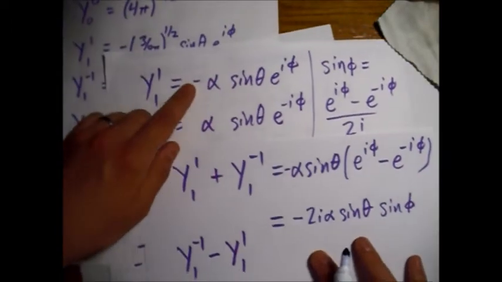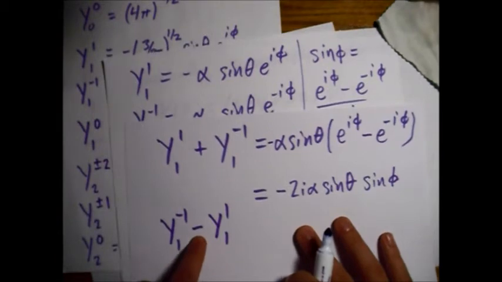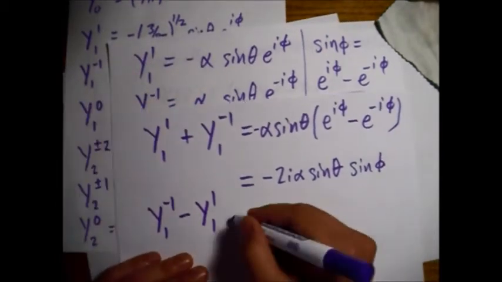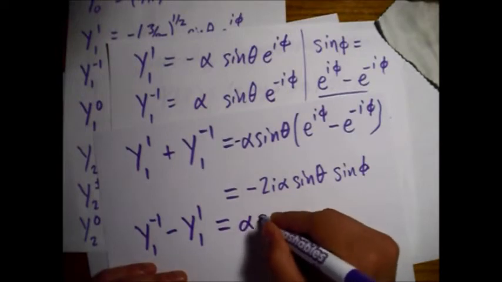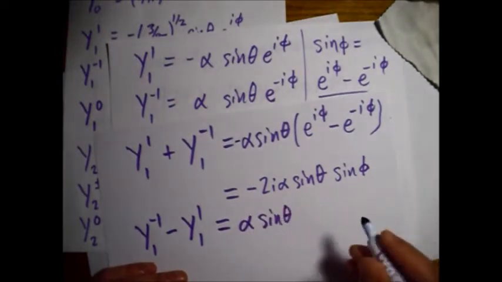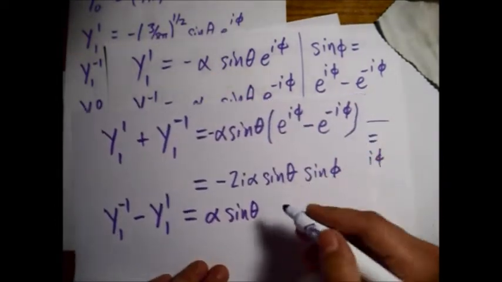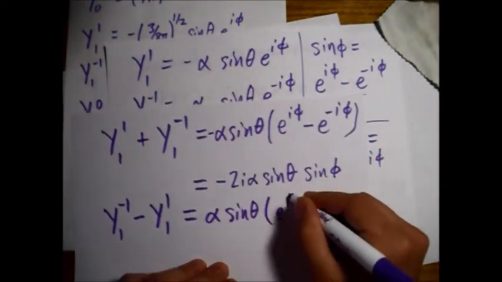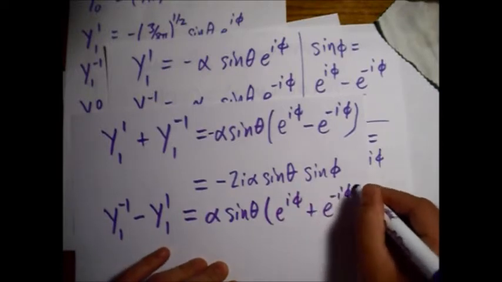All right, so this minus sign throws off my groove, so I'm going to put a minus right here to get this to a plus. All right, so we again will factor out an alpha sine of theta, and now with the minus sign trick, we have an e to the i phi plus e to the minus i phi.